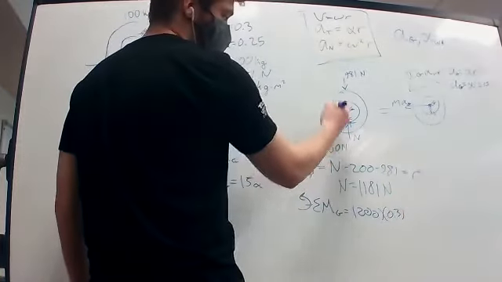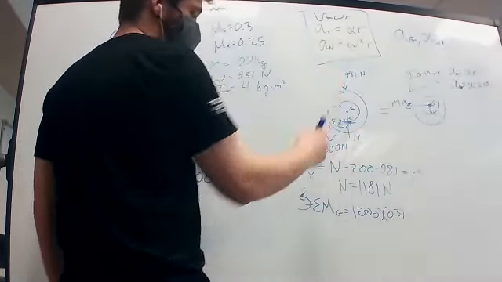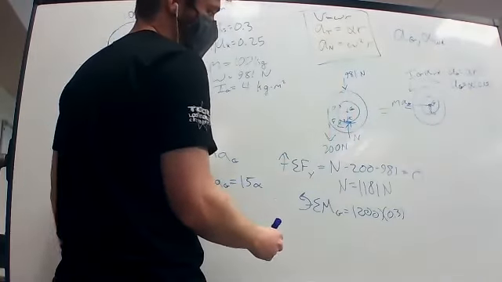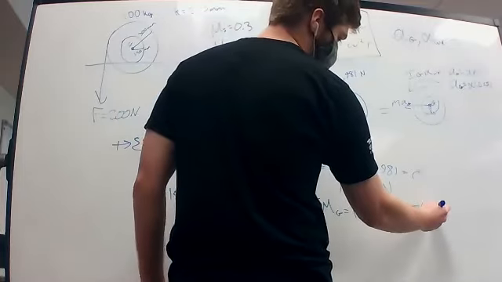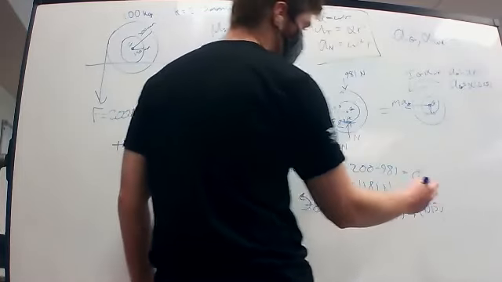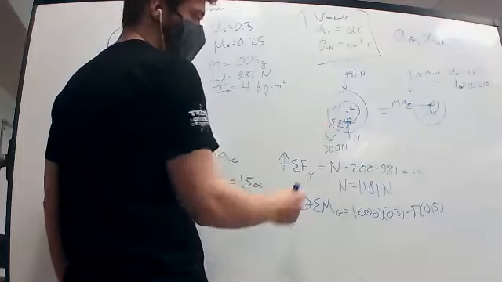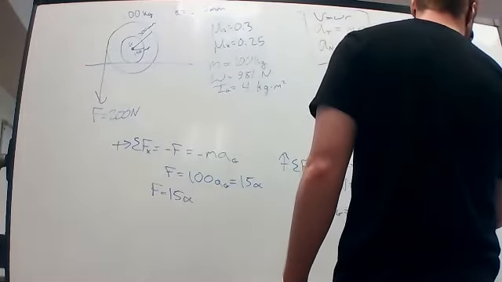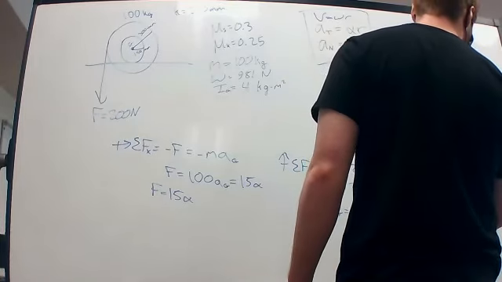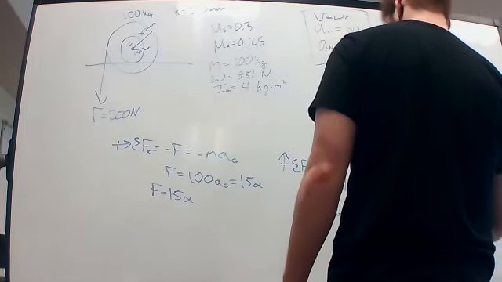That's going to be plus because it's moving with the assumed moment. And then we're going to have minus F times 0.15 as the inner radius from center to there. And then that's going to be equal to IG alpha of the wheel.